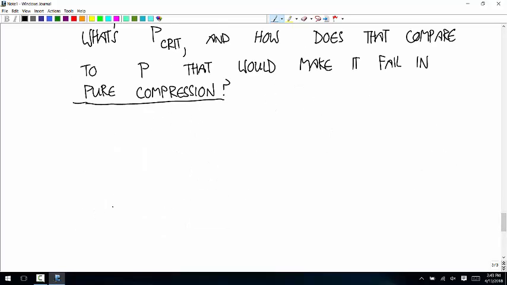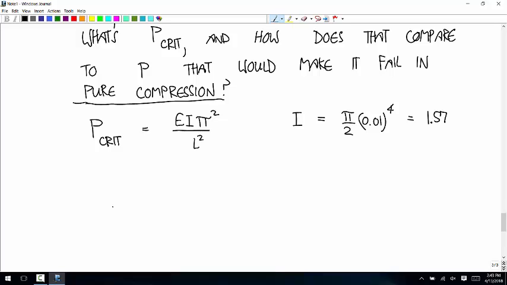Okay, so we don't have any restrictions in the middle of the beam. So our critical compressive load for column buckling is E times I times n squared pi squared over L squared. I is equal to pi over 4 times 0.01 to the fourth. So that's 1.57 times 10 to the minus 8.